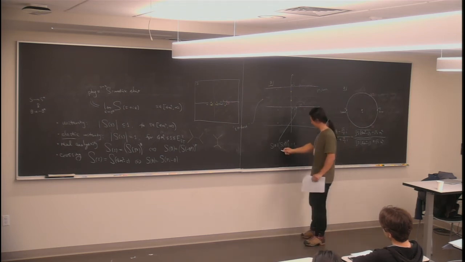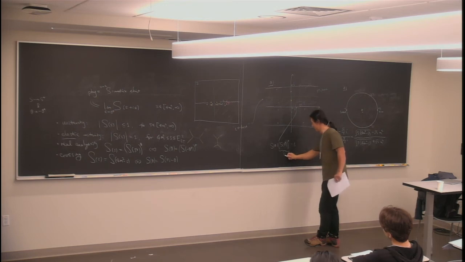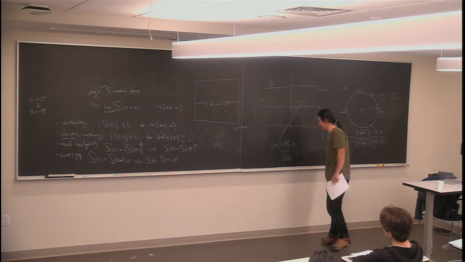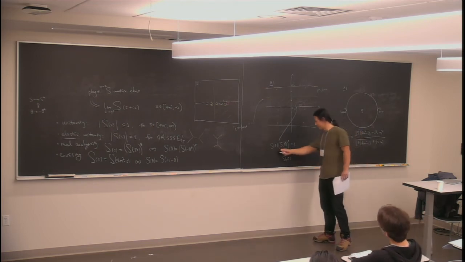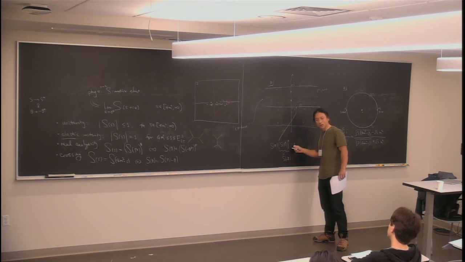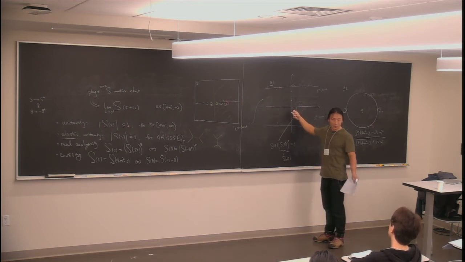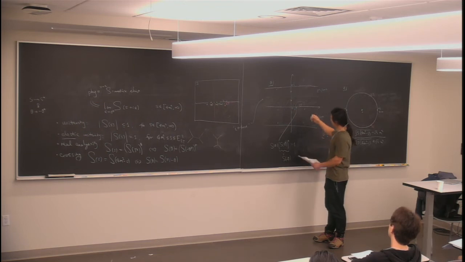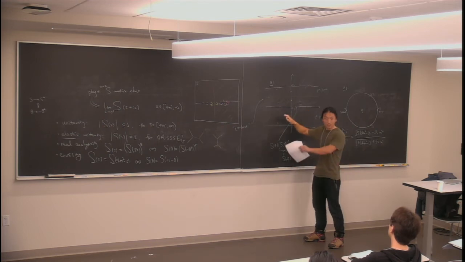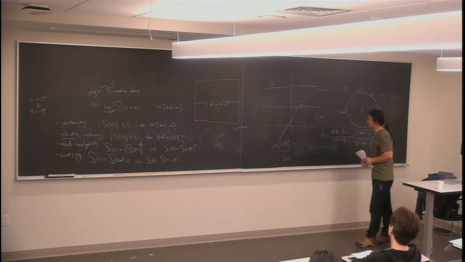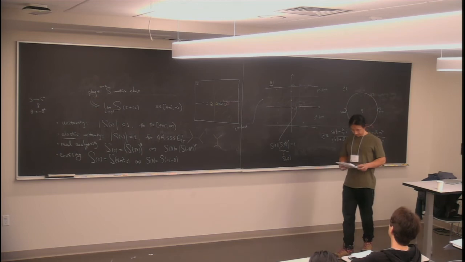But now the point is that this object here, which is actually equal by the analyticity to S of minus theta, is also an analytic function in theta. So if S of theta times S of minus theta is equal to 1 along this real segment, it has to be equal to 1 everywhere, by analytic continuation. But if theta is on the first sheet, minus theta is on the second sheet, which is why the poles and zeros come in pairs on the first sheet and the second sheet.